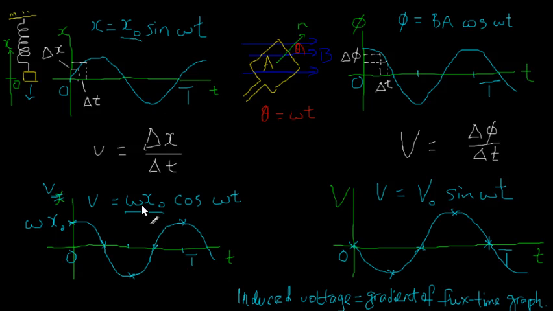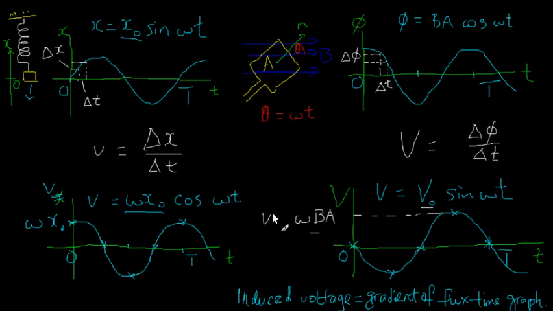We just need to multiply the angular velocity by the maximum displacement to get the maximum velocity. In the same way, we multiply the flux amplitude by the angular velocity. So omega B A would be the maximum V0.